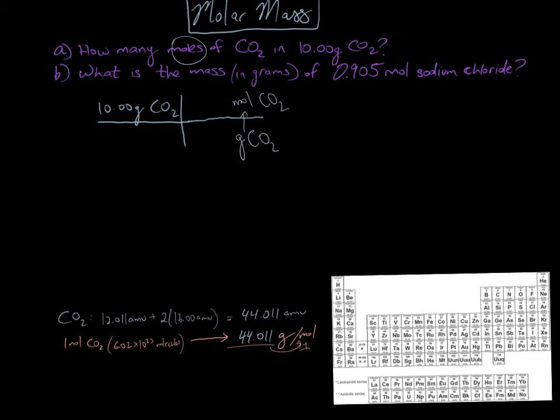We know that 44.011 grams of carbon dioxide make 1 mole of carbon dioxide. That's how we get from grams to moles. Then you just multiply across on top in the numerator and in the denominator, and then you divide the bottom from the top.